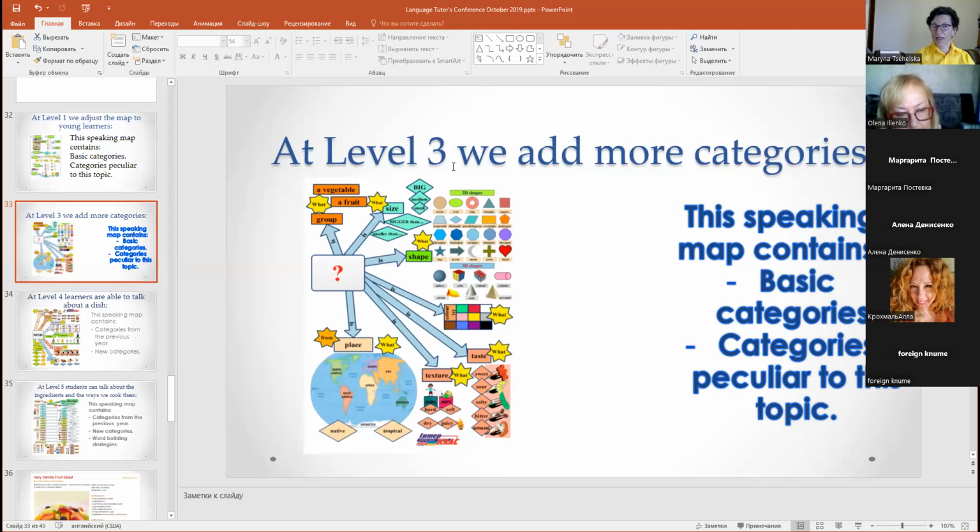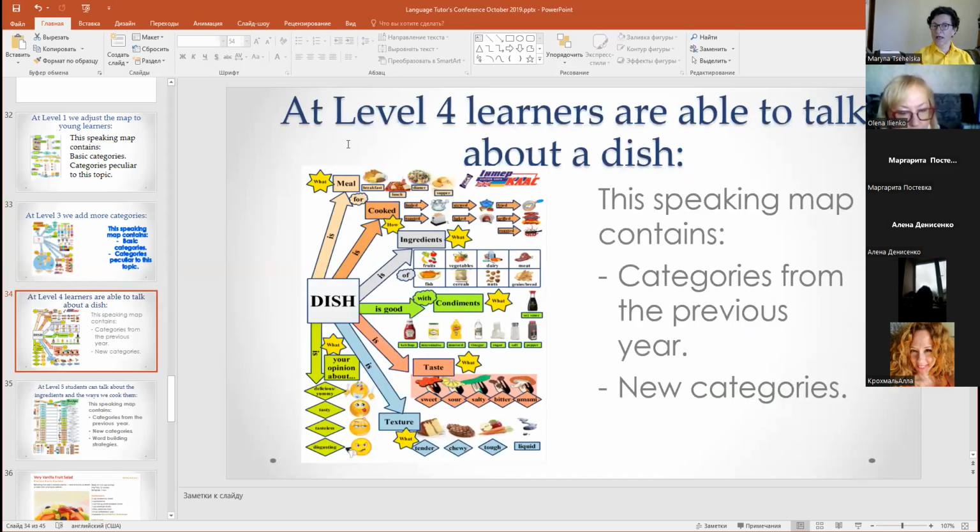This is a speaking map that shows us how to talk about fruits and vegetables. What group is it? Is it a fruit or vegetable? What size is it? What shape? And this is a very basic map for description. Later, our students will talk about dishes and what you need for cooking a dish and assessing it.